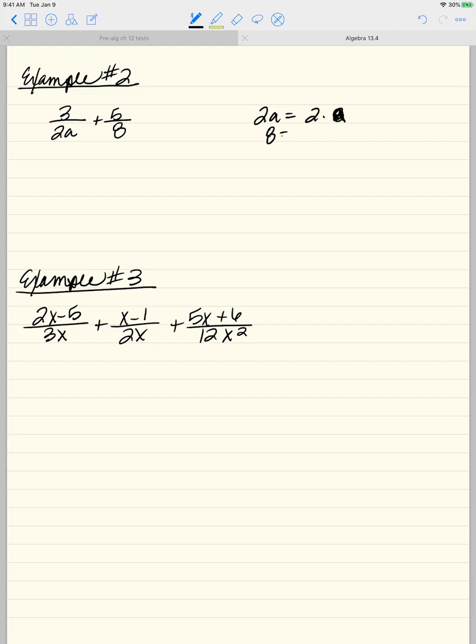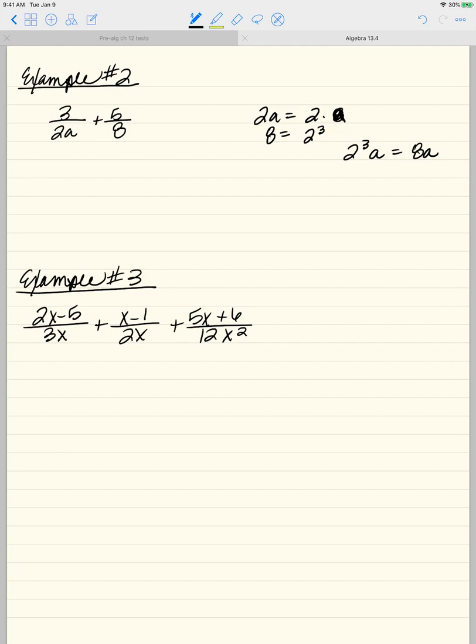When we prime factor 8, it is 2 cubed. So what's bigger, 2 cubed or 2? 2 cubed. And then we have that a. Simplify that, and that is just 8a. So our lowest common denominator is going to be 8a.